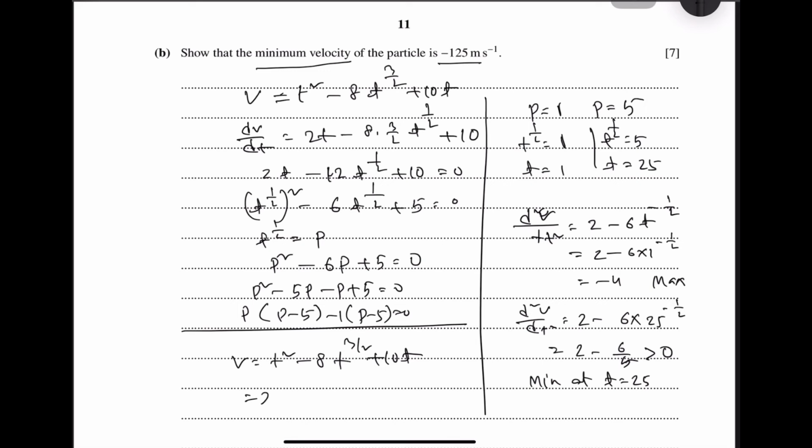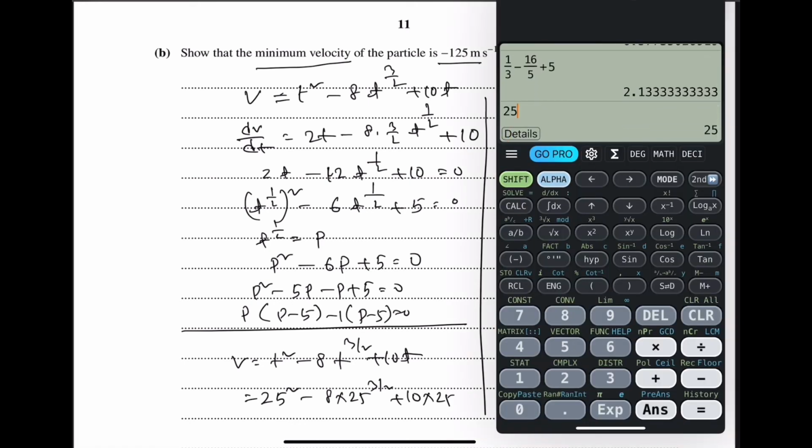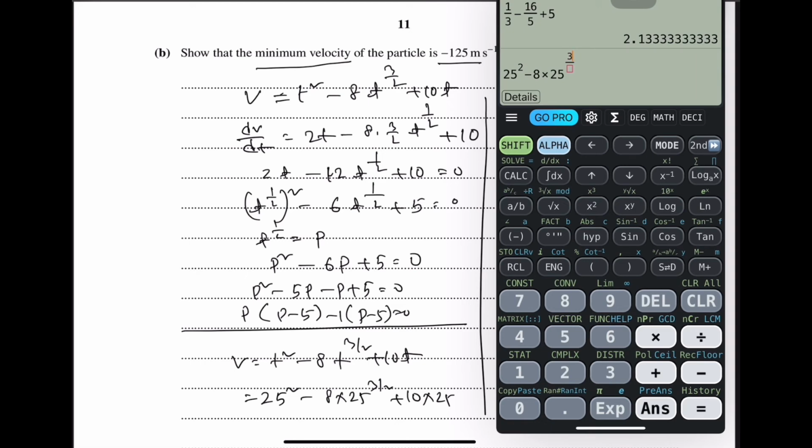Let me use 25 here. 25 square minus 8 into 25 to the power 3 by 2 plus 10 into 25.